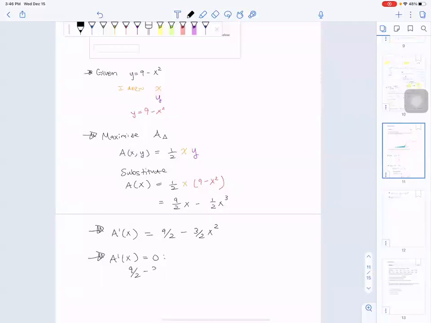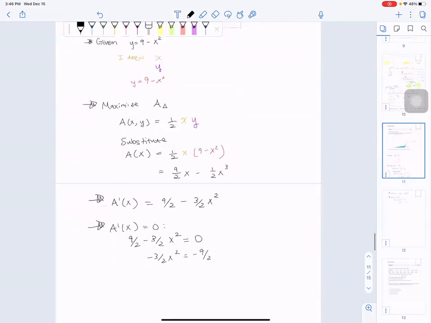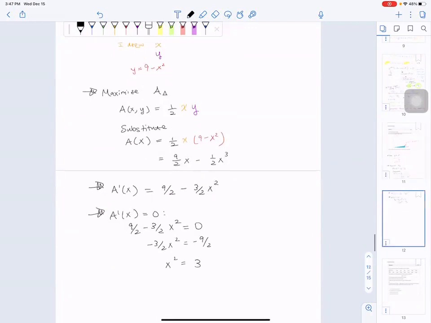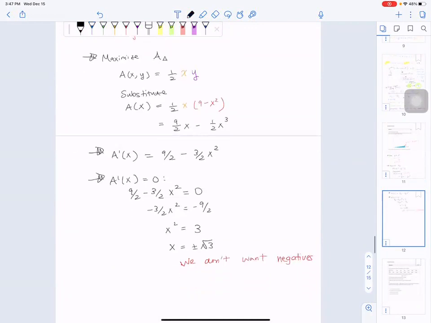Subtract 9/2 on both sides, multiply by -2/3 on both sides, and you get 3. So x equals plus or minus square root 3. But we don't want negatives, because how can you have a negative length? So our critical point is just x equals positive square root 3. That's our candidate right now.